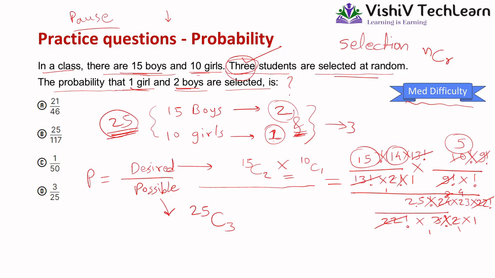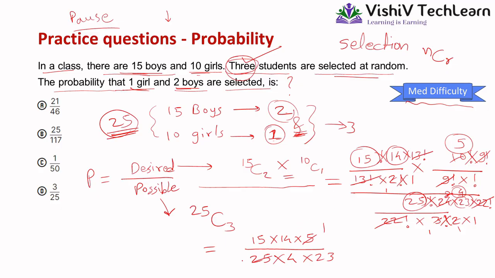So in the denominator we have 25, we have 4 and we have 23. Now let's write it down over here. So 15 into 14 into 5 divided by 25 into 4 into 23. Correct? So let's start again dividing.